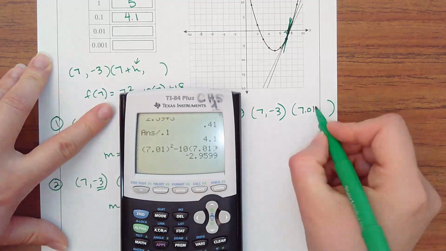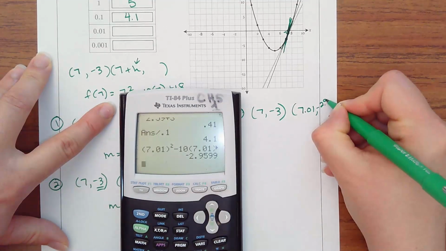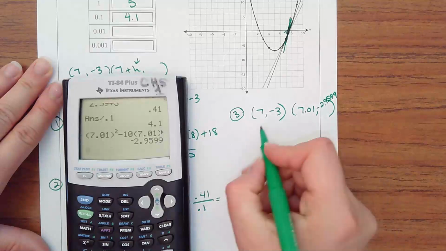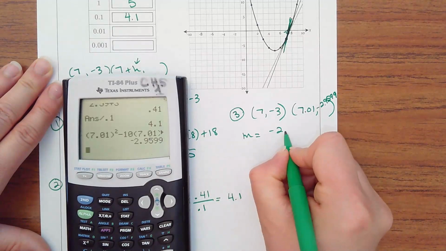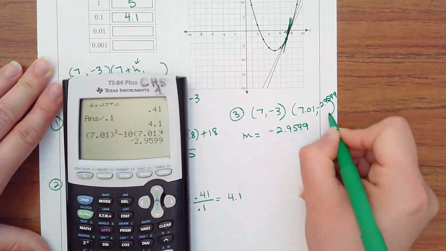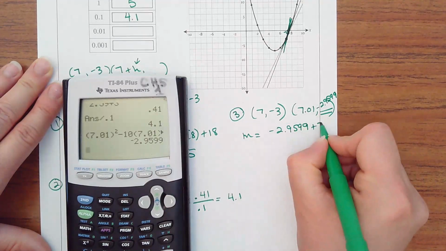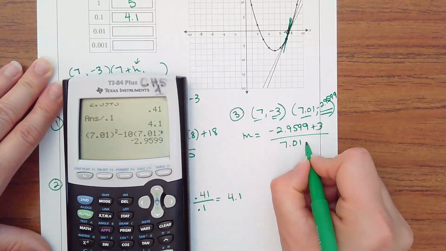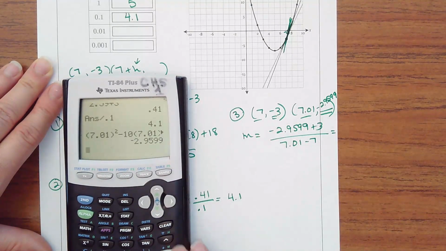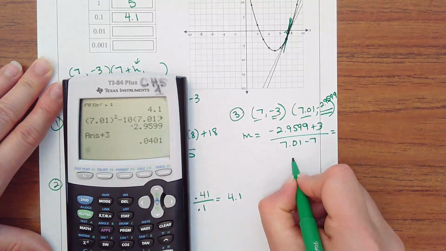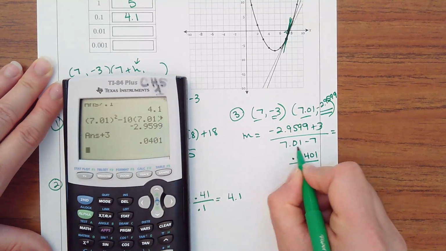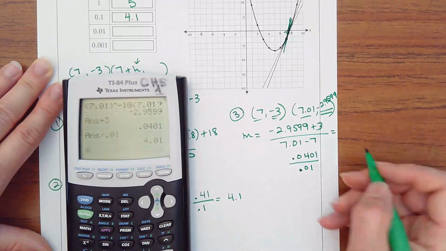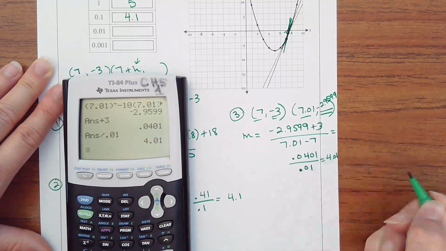That gives me a y value, and you don't want to round, -2.9599. Then I do the slope formula of these 2 points. So it's -2.9599 minus -3, so plus 3 over 7.01 minus 7. That plus 3 gives me 0.0401. That subtracts to give me 0.01. So divide. And now I get 4.01.